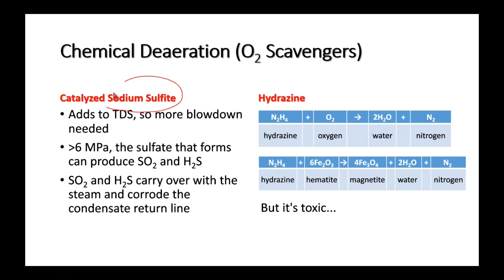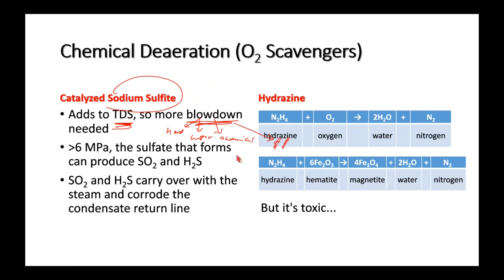And so this is one of the drawbacks of sodium sulfite, it adds to the TDS. If we have more TDS, we need to blow down more. And if our CBD is blowing down more, then we lose heat, we lose water, and we lose chemicals, which really means we lose money.